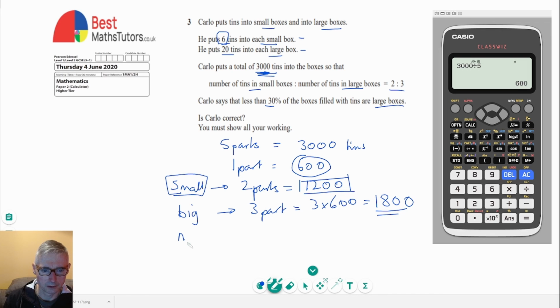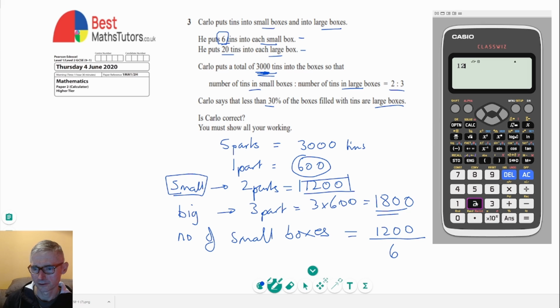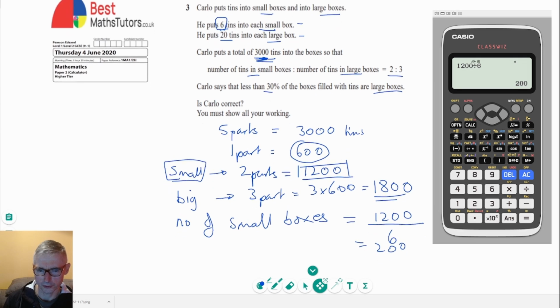So the number of small boxes is going to equal the total number of tins in small boxes, which is 1,200, divided by the number of tins that will fill a small box. So it's 1,200 divided by 6, and I can use the calculator for that if I want. So let's do that. We've got 1,200 divided by 6, and we get 200. So that's telling me that there are 200 small boxes.